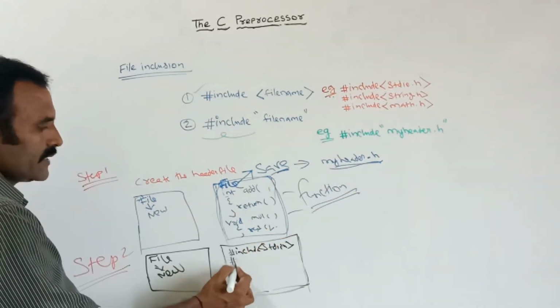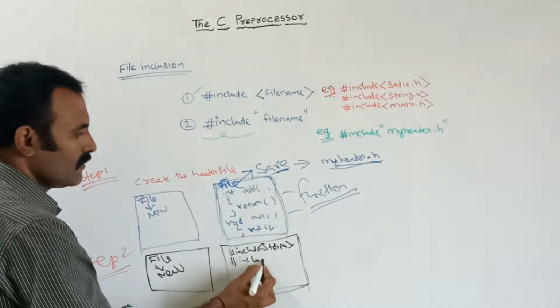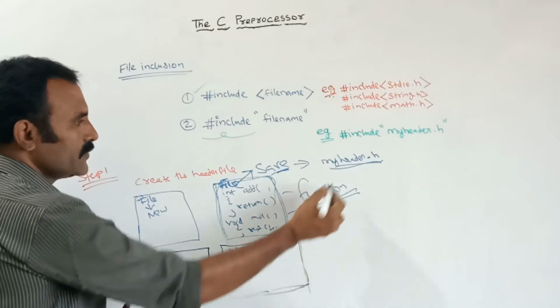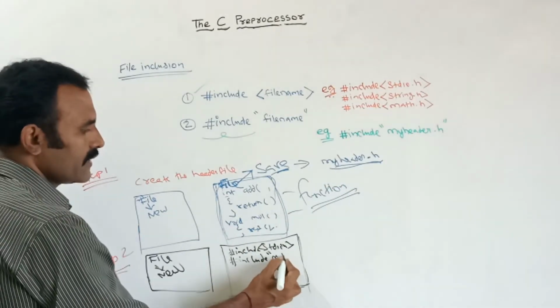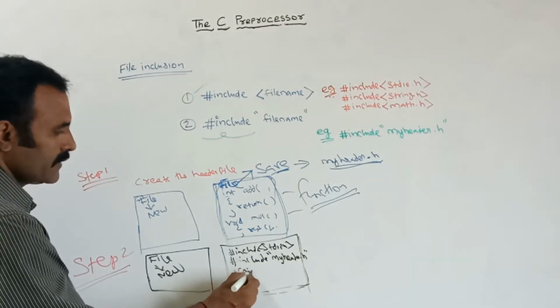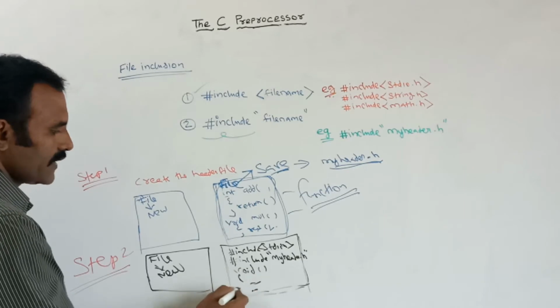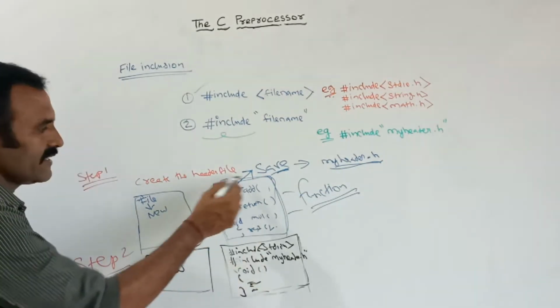Now, what file am I including? Our own header file, that is included here. A user header file should be mentioned within double quotes, here "myheader.h". After that, in void main, we can write a set of instructions and invoke the functions I have created.